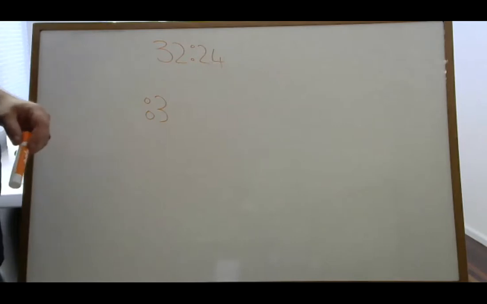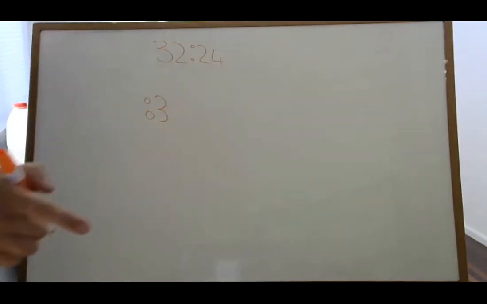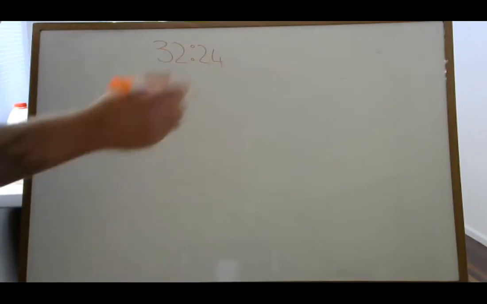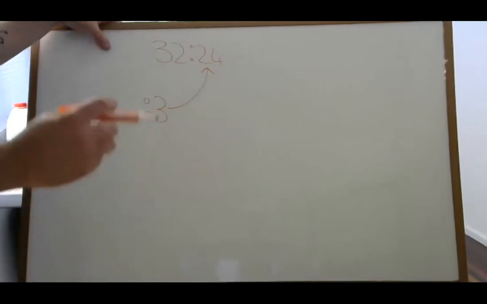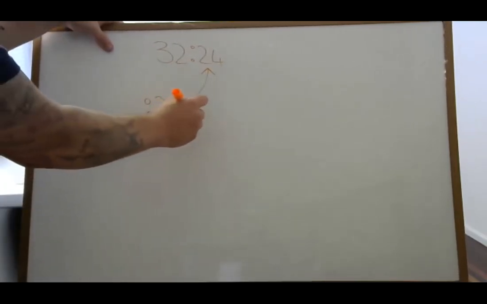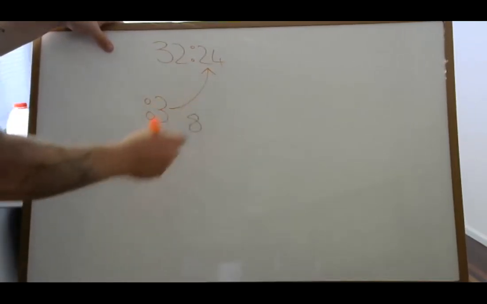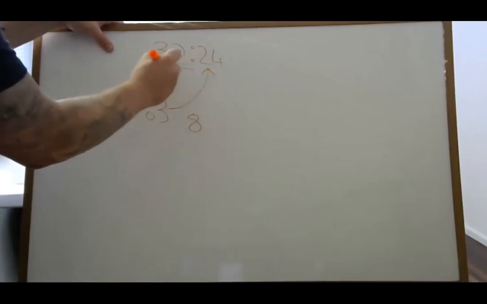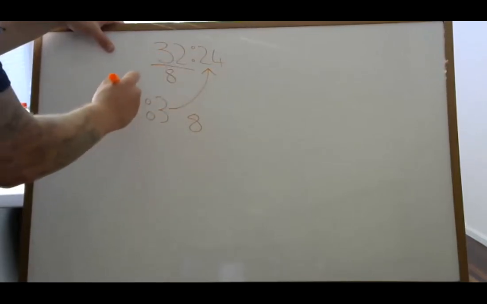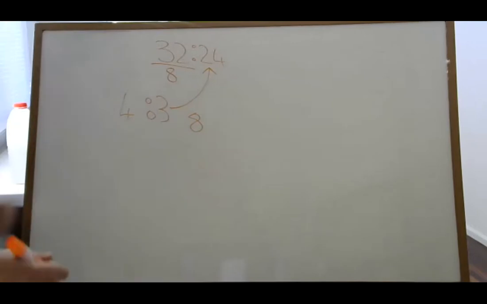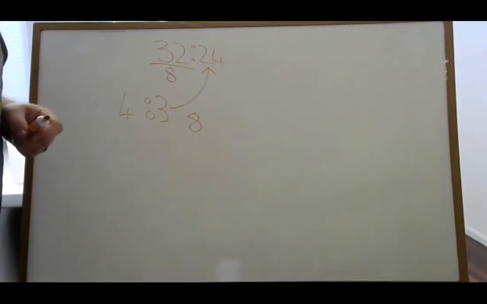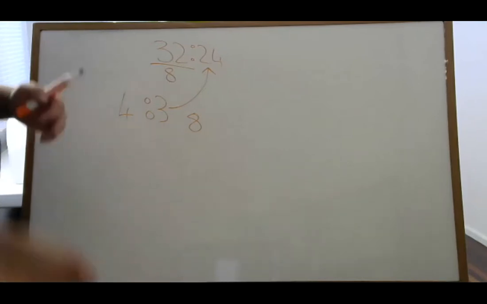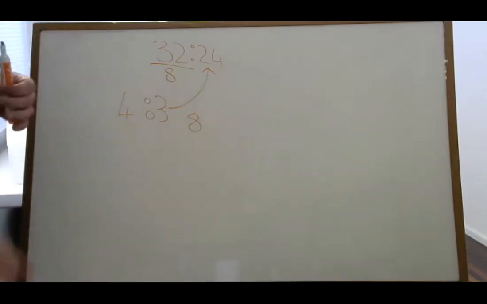Okay. So again, using my cheat way, to find out the base number, divide 24 by 3. This gives us 8. So we then divide 32 by 8. Gives us a ratio of 4 to 3. Okay. That's how we write an equivalent ratio.